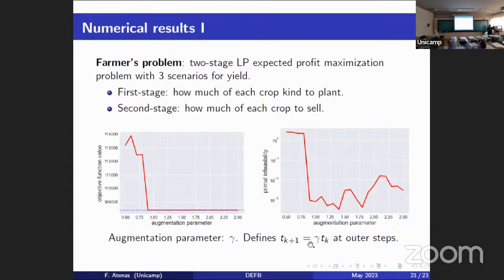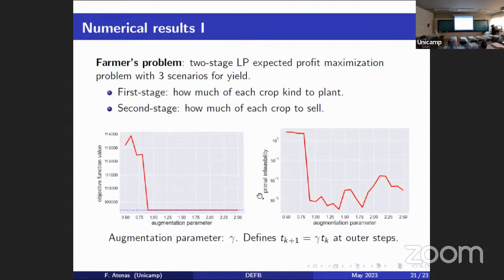Okay. So the thing that we study is how to define or how to update the sets, right? Because that is one of the main differences, that we can have variable step size. And from the numerical results we obtain, here we have the objective function. Well, this is a small problem, so we actually know what the minimizer and the optimal value are. So here on the left, we have the objective function value for different values of the mutation parameter, gamma, that defines how we update the step size.